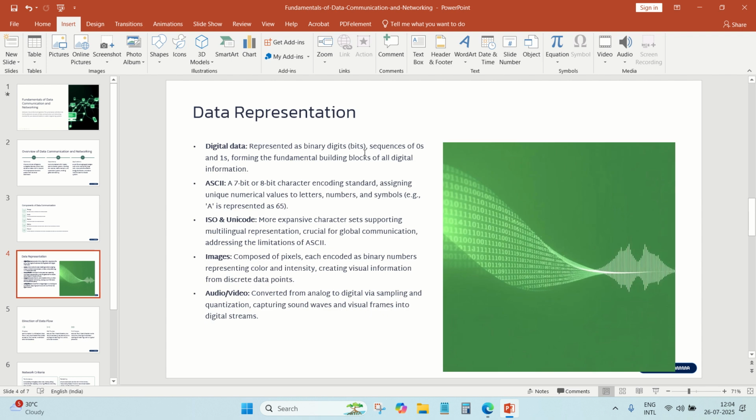Data representation. Digital data can be represented as binary digits, bits, which is nothing but a sequence of zeros and ones, forming the fundamental building blocks of all digital information.